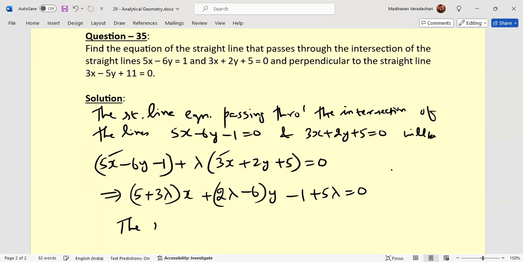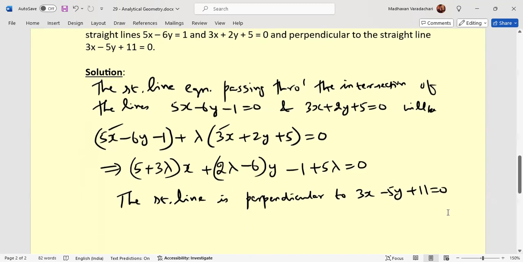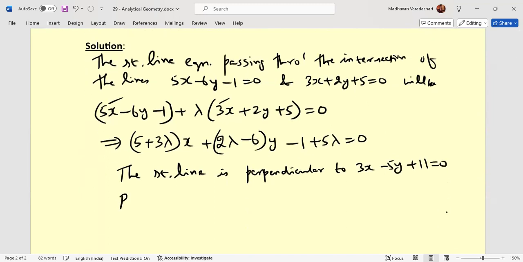The straight line is perpendicular to 3x minus 5y plus 11 equal to 0. Since they are perpendicular, the product of slopes, m1 m2, should be minus 1.